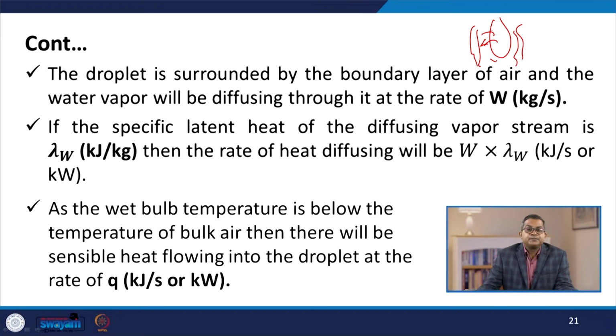Now, if the specific latent heat of the diffusing vapor stream is lambda W, referred to in kilojoule per kilogram, then the rate of heat diffusing will be W into lambda W kilojoule per second or kilowatt. Now, as the wet bulb temperature is below the temperature of bulk air, there will be a sensible heat flowing into the droplet at the rate of Q, having the unit of kilojoule per second or kilowatt.